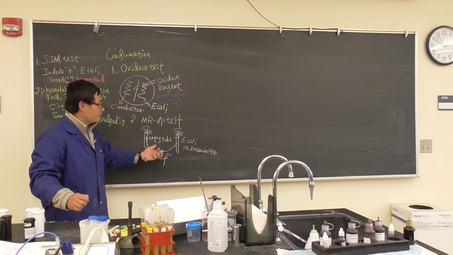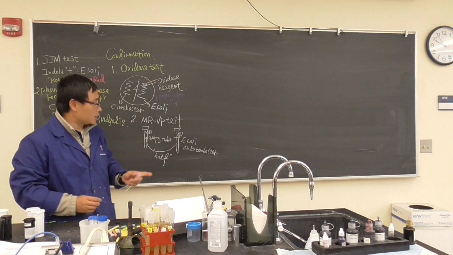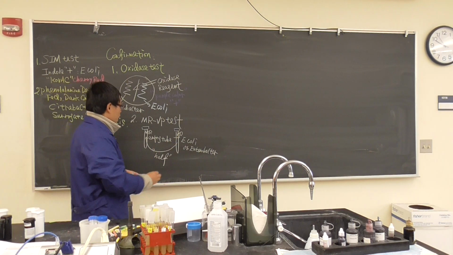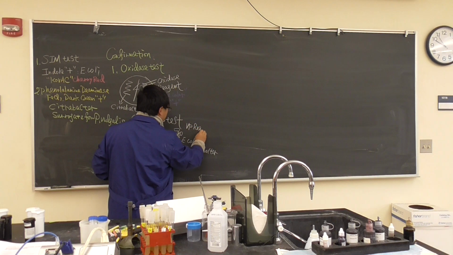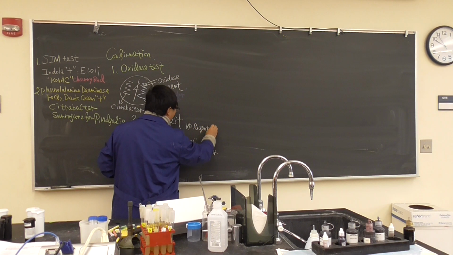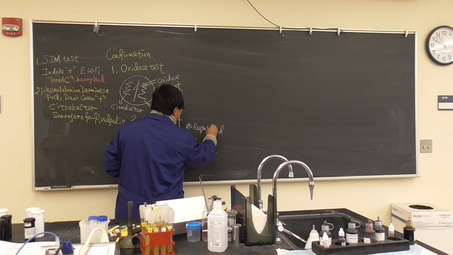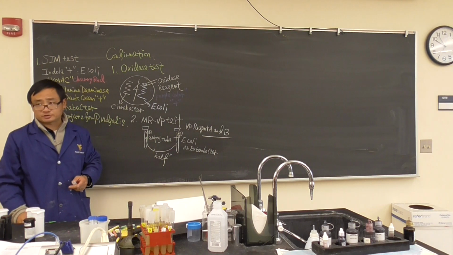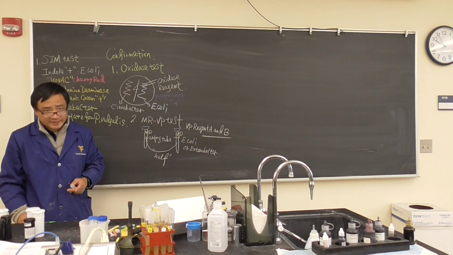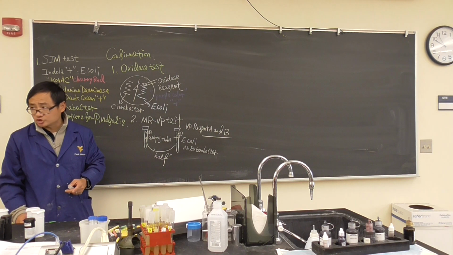Okay, how about the VP test? The original tube, we need to add VP reagent 1 and 2, or we say A and B. Let them react. It might need a couple of hours. So you could put this tube back in your rack and do the observation on Thursday.